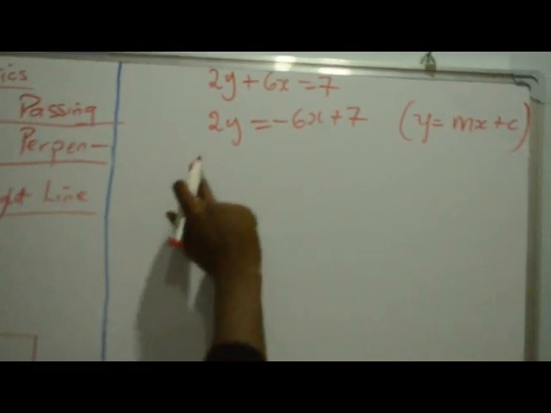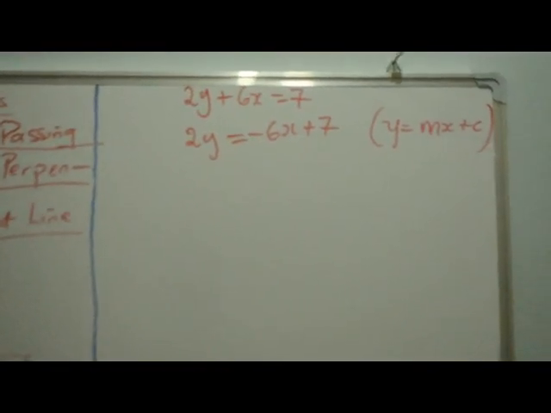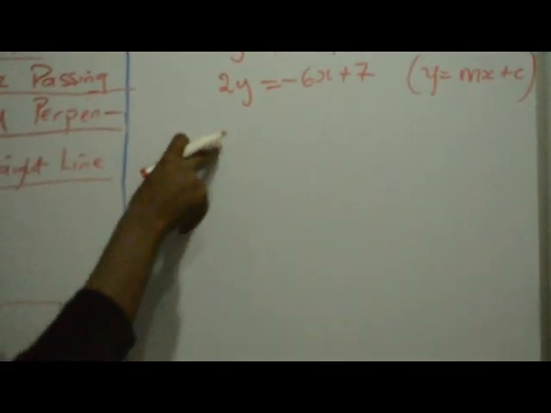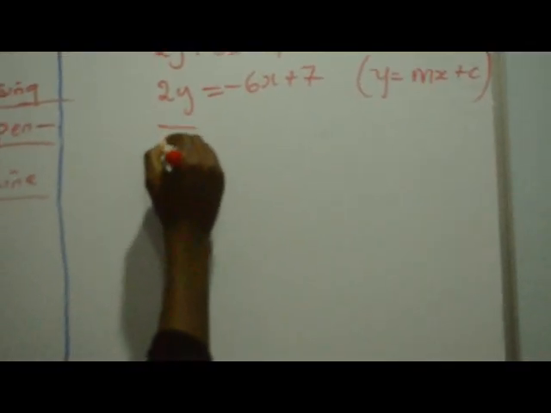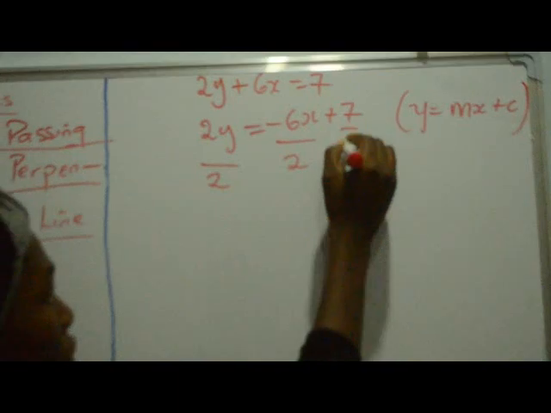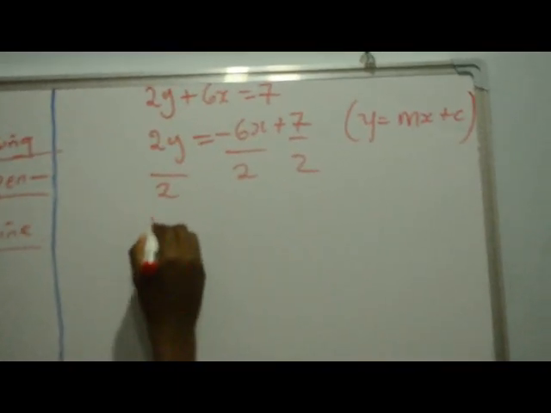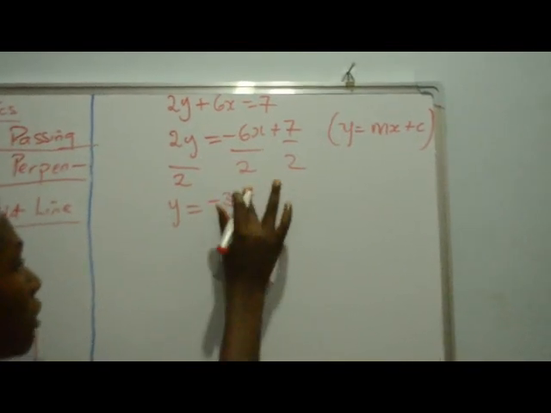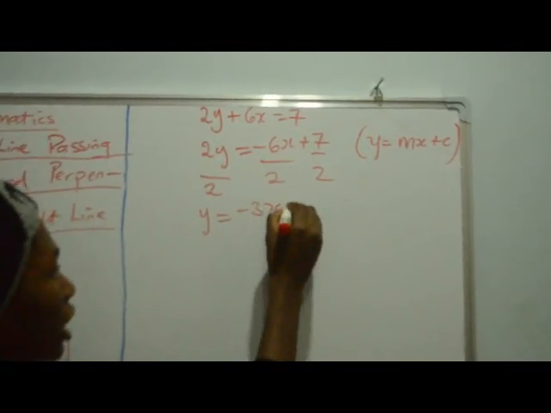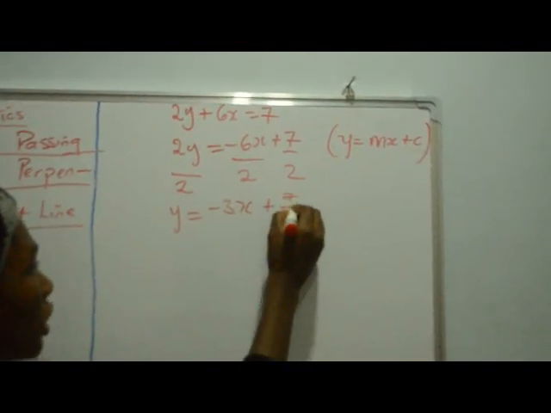We have come to this point, but our y still has a coefficient, and we want y to be the subject of the formula. So we divide all through by 2, and we have that y is equal to -3x + 7 over 2.